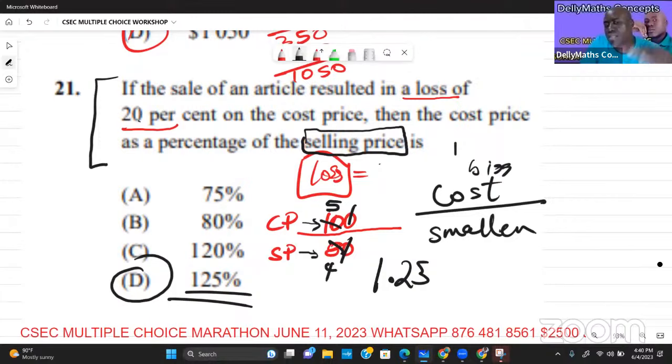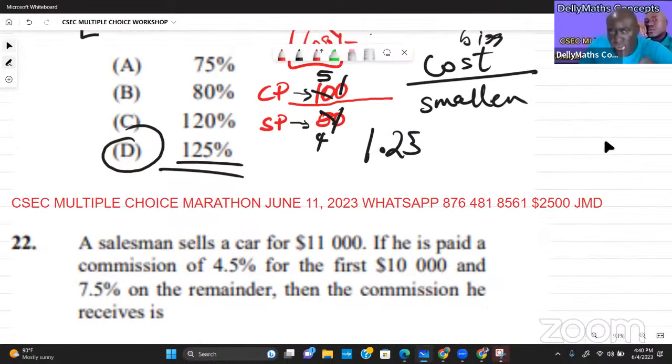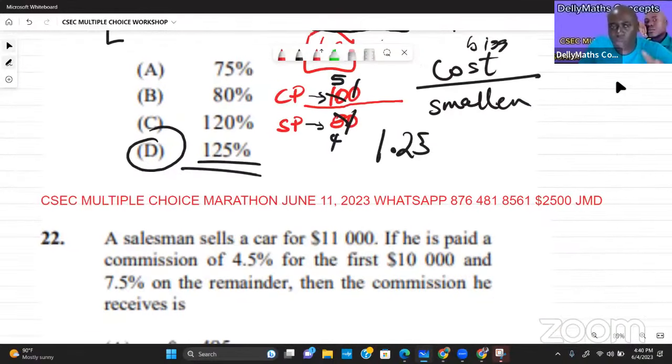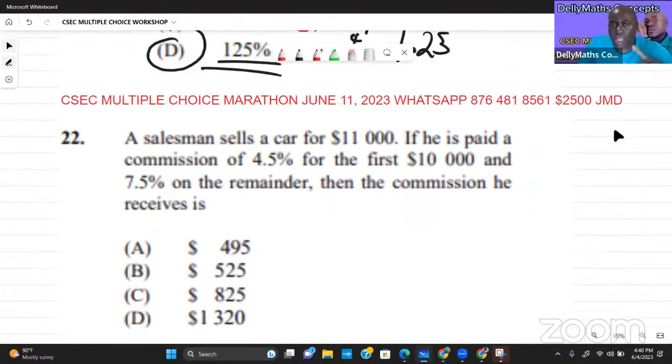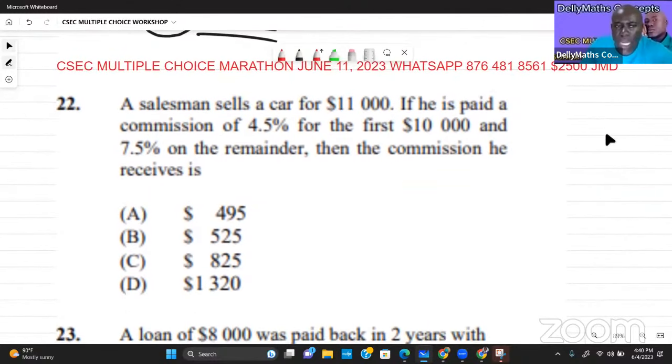The percentage worth for the cost price was already 100. The selling price was 20% less. Then you break it down and pick your answer. So definitely we have to read the questions so we don't make any errors, because it's very easy to make the error. So read thoroughly, take your time. And that goes for me as well.